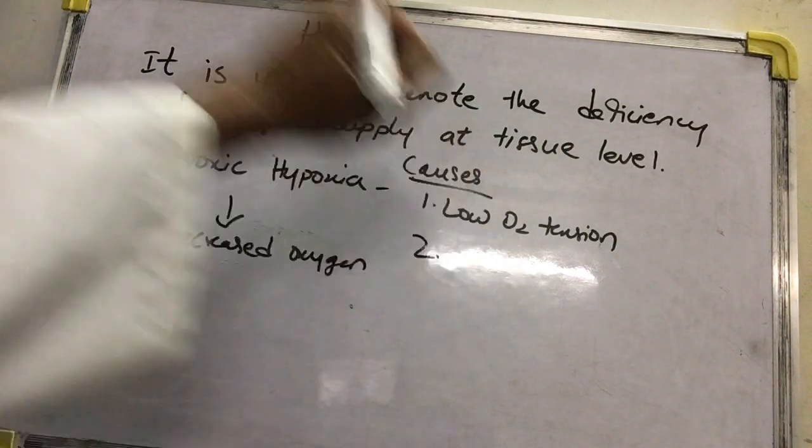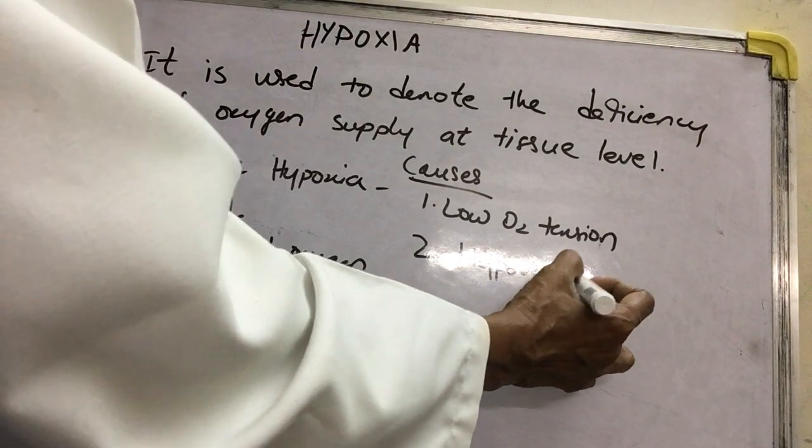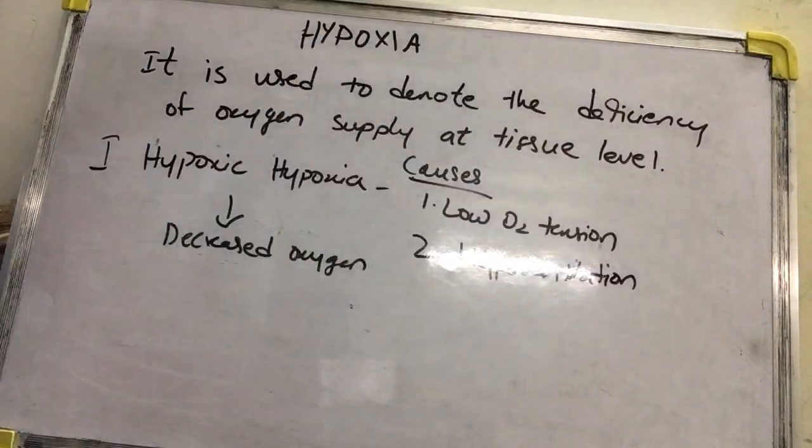Another cause is hypoventilation. It can be seen in obstruction to the respiratory passage, as in asthma, which leads to hypoventilation and hypoxic hypoxia, that is, lowered oxygen levels.